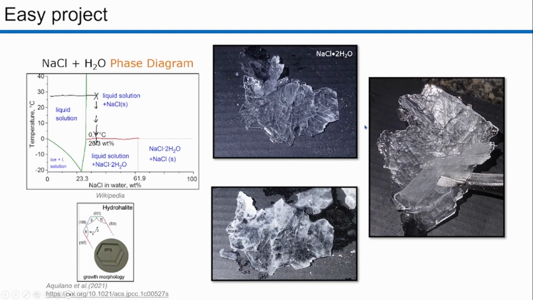So you have to keep them in the fridge, or at least below 0 degrees Celsius, to preserve the crystal. But it's a very simple project to do. It might be your start in crystal growing, and some very cool patterns can arise from this.